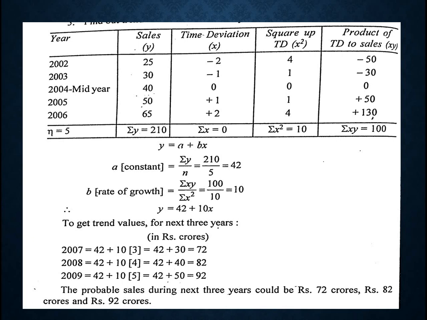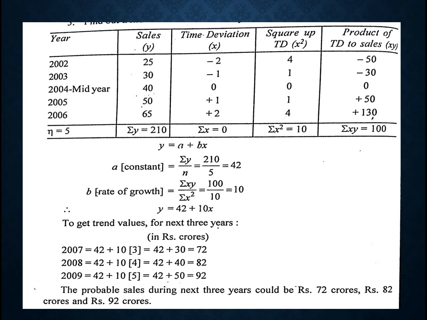If you go to the upper side of the mid year you will get minus values, and if you go to the lower side of the mid value you will get plus values. In this problem, 2004 is the mid year. Why is 2004 the mid year? Below it, 2005 and 2006, two years are there, and above 2004, two years are there, 2003 and 2002. So 2004 is the middle point or mid value.